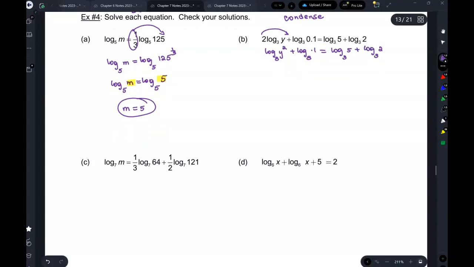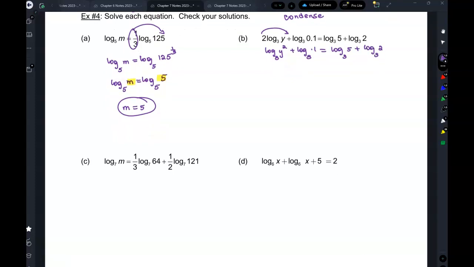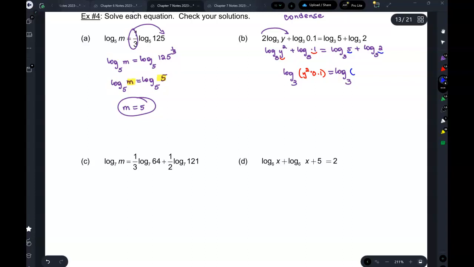Okay, now, on this side, I need to condense this. So remember, if you're adding two logarithms, you can combine them and multiply the stuff inside. So this will condense into one logarithm, and here I have y squared times 0.1, equal to log base 3 of, multiply these, 5 times 2.